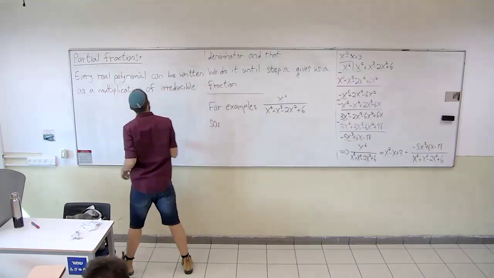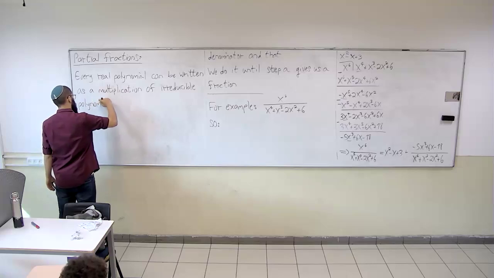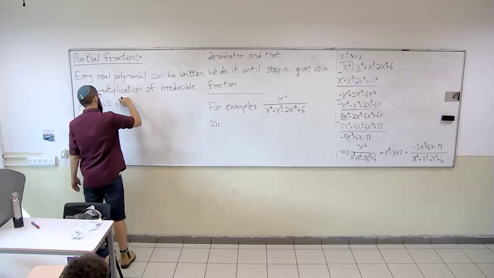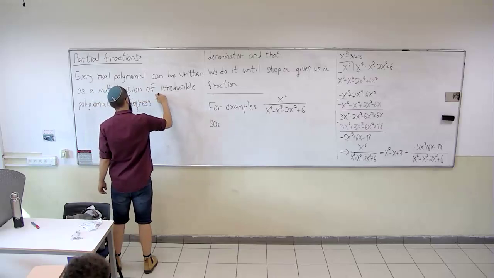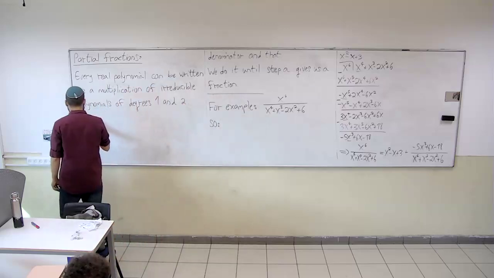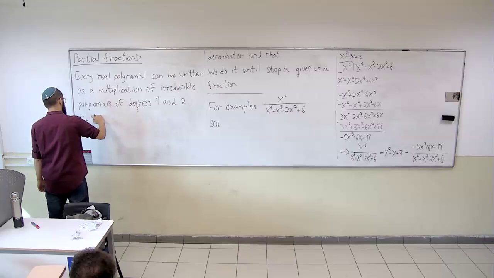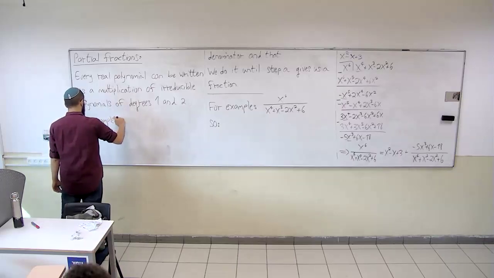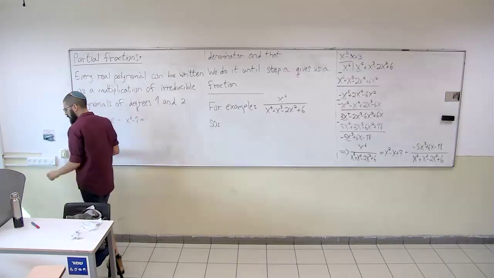polynomials of degrees 1 and 2. For example, not this one, but the one before, was x to the power of 3 minus 1.